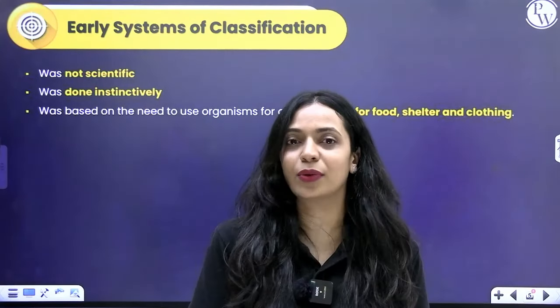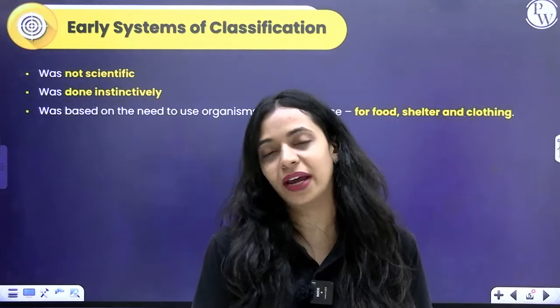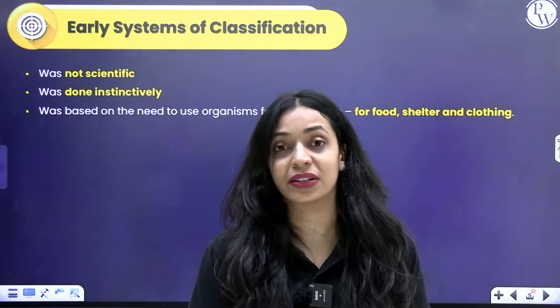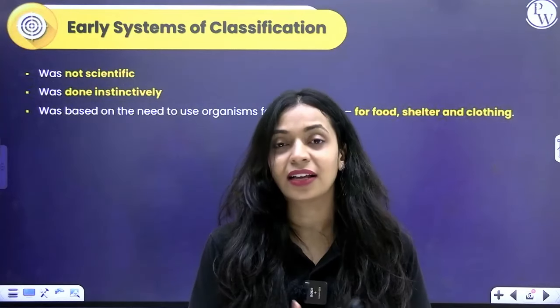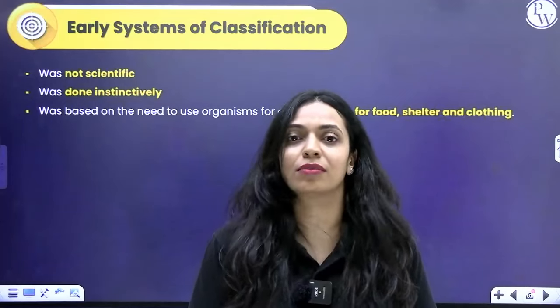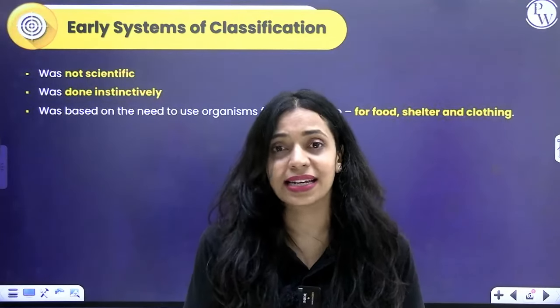We want to understand what is happening around us and we want to try and make use of whatever we can from nature, right? So even our ancestors very early on were curious about nature and they wanted to know how they can make use of different living organisms for their benefit. So back in the day, classification used to happen, but it was not a very scientific way of classifying living organisms. It was done mostly instinctively.